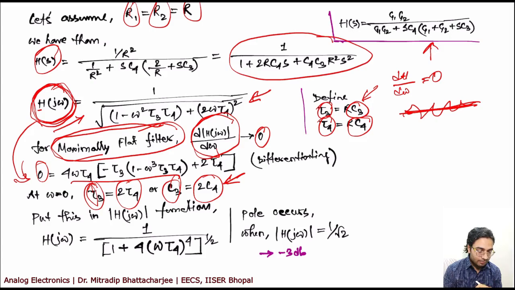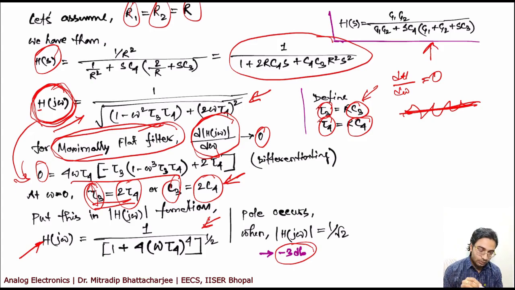So after replacing those values, tau 3, tau 4, you will get H(j omega) something like that. So you get a transfer function which is similar to this, and your pole will occur at the minus 3 dB point. So it is known as minus 3 dB gain.